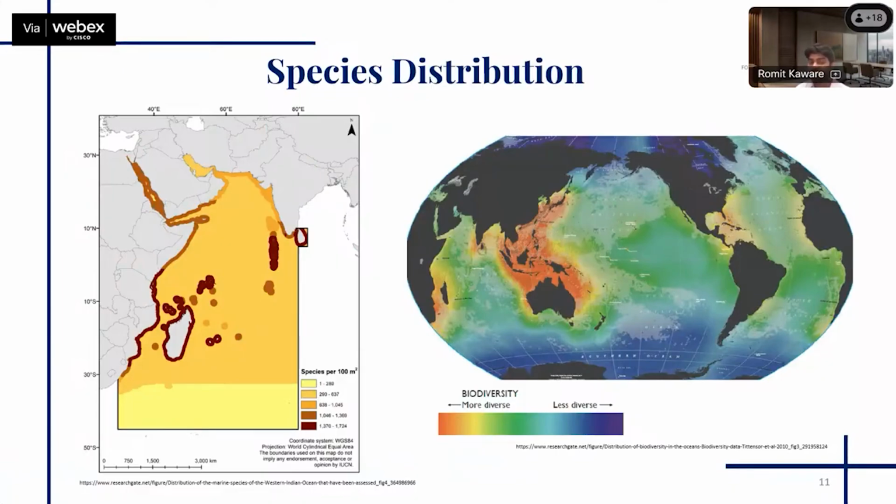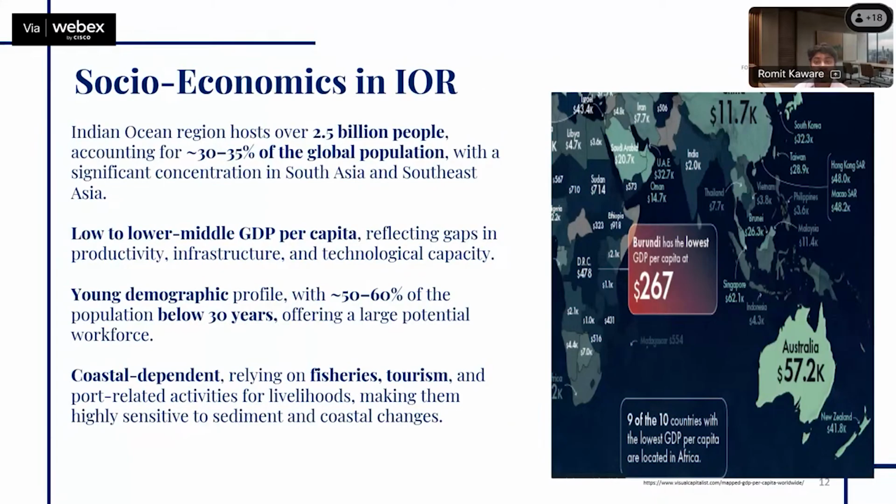So all of this needs to be properly understood, of how the benthic ecosystem, the environment, and the anthropogenic activities are all tied together, and that's why we are looking to study all of them.